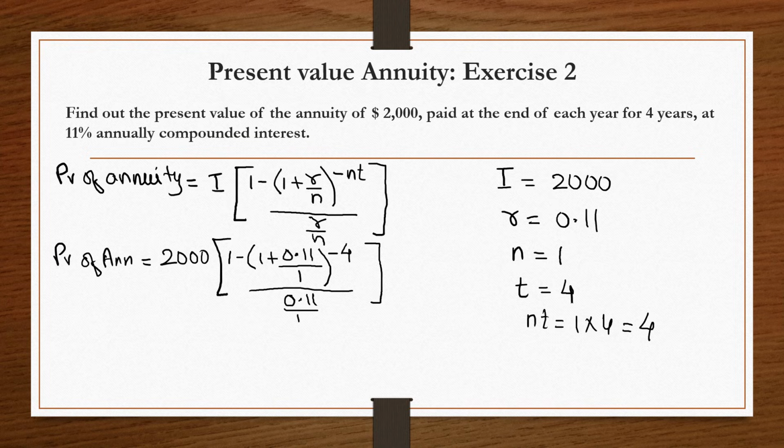Now just take your calculator, start from here. 1 minus bracket 1 plus 0.11 bracket close, power of minus 4. First calculate what is given on the top.